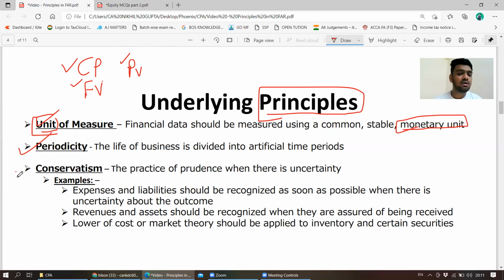Now, another important assumption, but I will say rather a principle, is conservatism, which is self-explained over here with the examples. The conservative approach is always to be a little prepared for any difficulty that may come in the future. Guys, why do you record the outstanding expense?